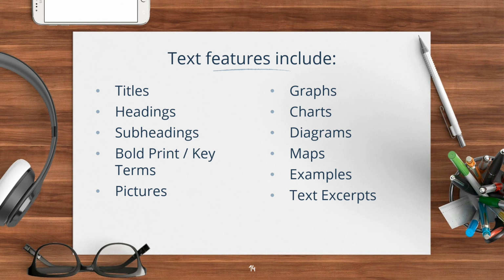There might be maps, examples, and text excerpts. Important text parts will be written in the margins in some way in text boxes to highlight the important points of the expository text. So these are particular text features that can be used for expository texts. And of course, they are not used in other kinds of reflective or story texts, narrative texts.